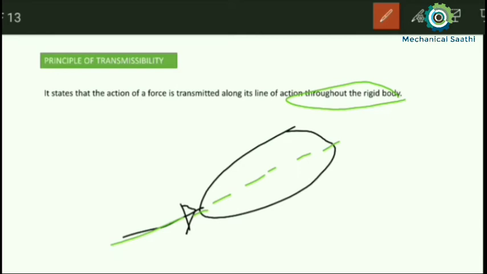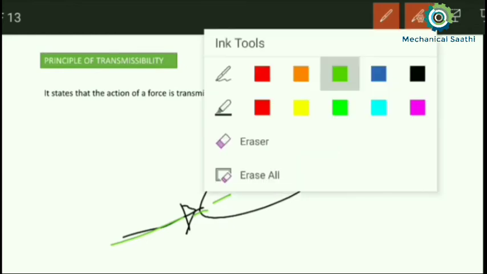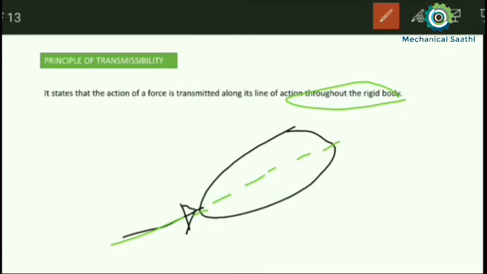That means wherever you act the force, we may apply that force at any place, but the effect will not change according to the principle of transmissibility. The most important thing here is that it is a rigid body. In case of a rigid body only, if we are applying any force at a single point, along the line of action of that force we may apply it at any point.